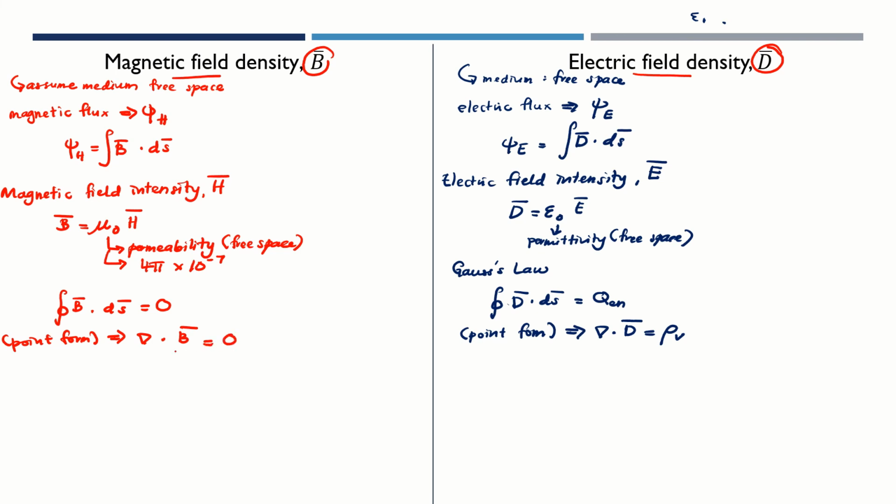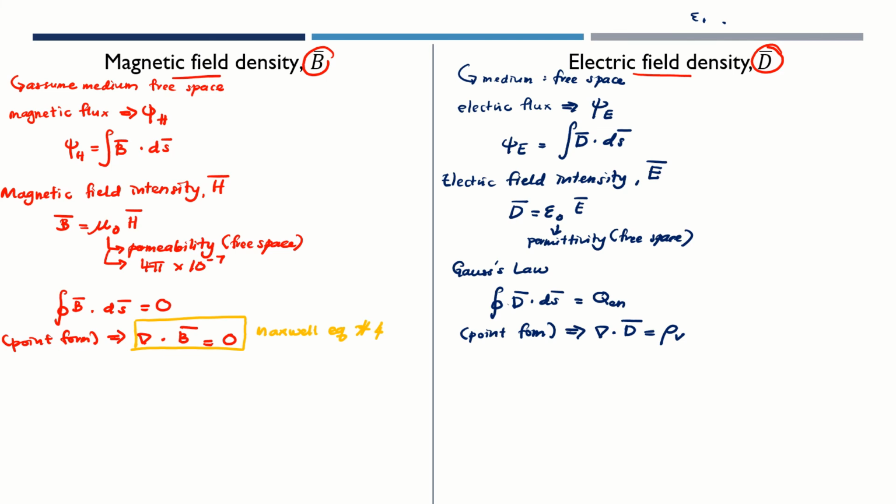So this del dot B here is another Maxwell equation, and this is Maxwell equation number 4. Okay, so up until now I have introduced to you 4 equations of Maxwell.